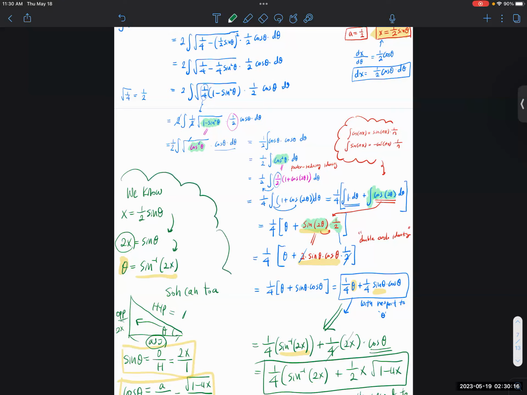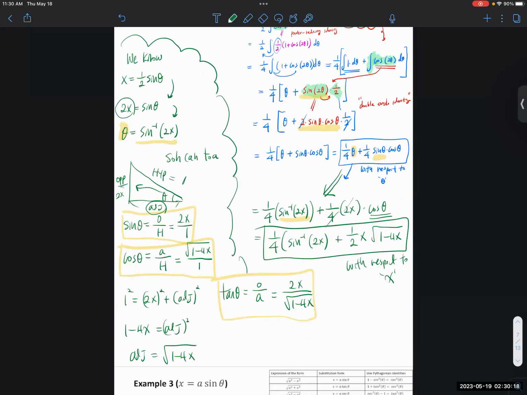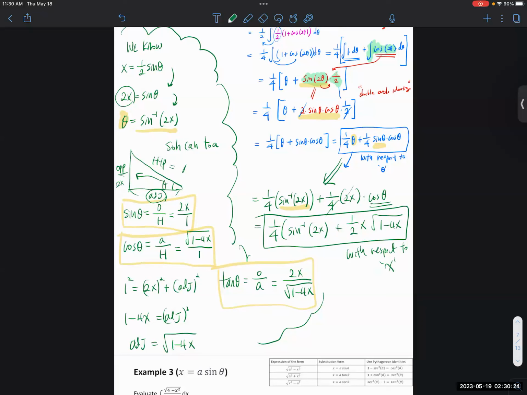So you're going to find theta from the information we have. By using SOHCAHTOA, you can evaluate sine theta, cosine theta, and tangent theta with respect to the x variable. Once you have that, you can plug it in and go back to the x variable. So that's your final answer.